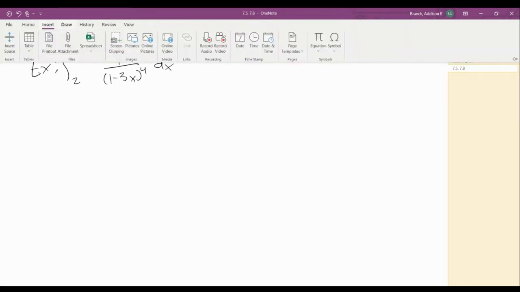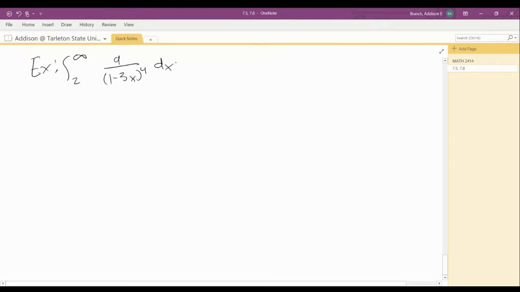So, of course, our first step needs to be to rewrite this in terms of a limit. All right, so now that you've taken care of the infinity, we can go ahead and try to integrate.